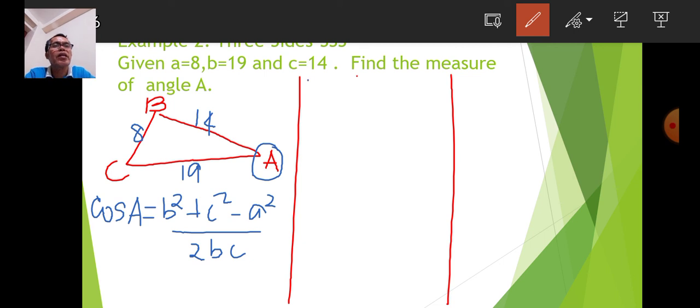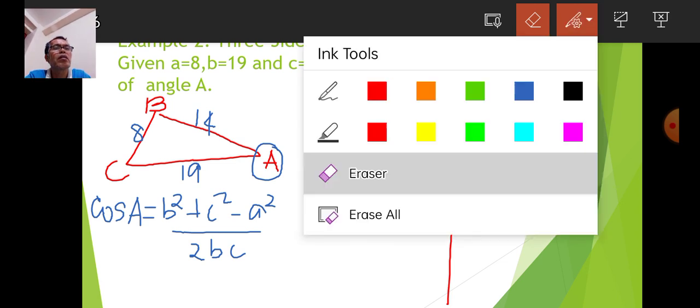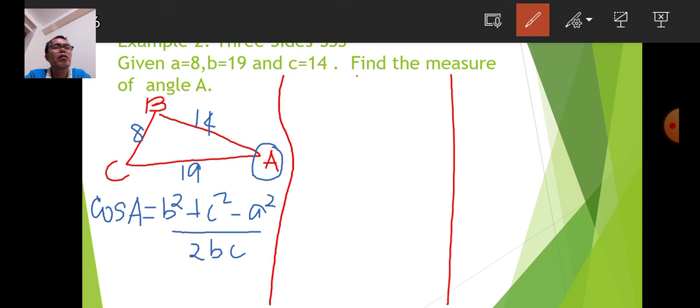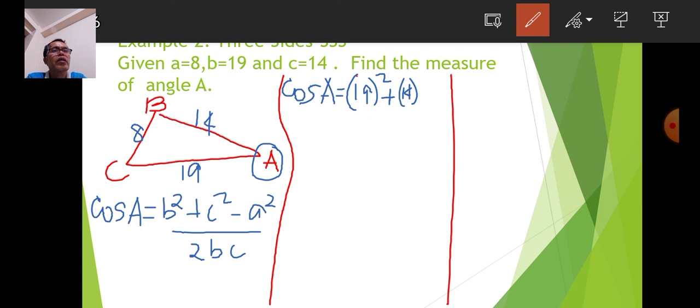So cosine A is equal to B is 19 quantity squared plus C is 14 quantity squared minus A is 8 quantity squared, all over 2 times 19 times 14.